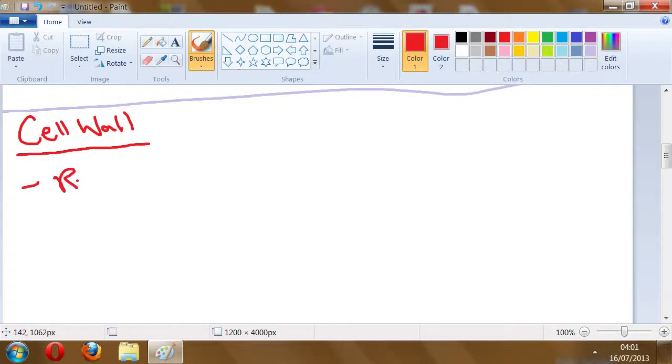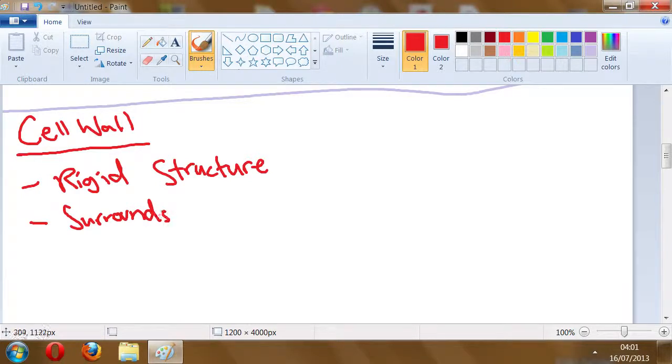Okay, very rigid structure, so it's not amorphous. I wonder if amorphous is actually a word. It's interesting that there's morphous and there's morphology. And it surrounds plant cells, of course, as we saw in the diagram in biology 2.